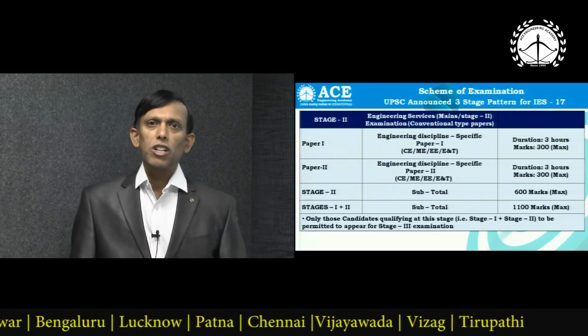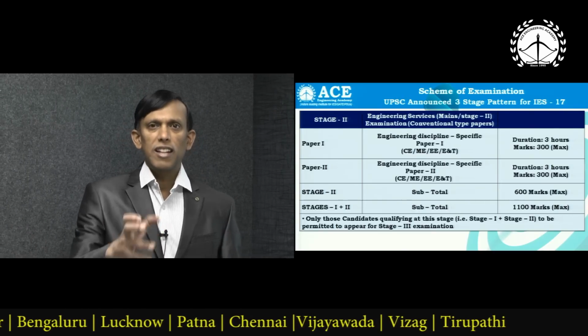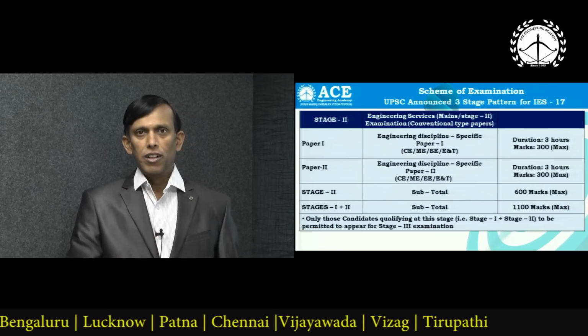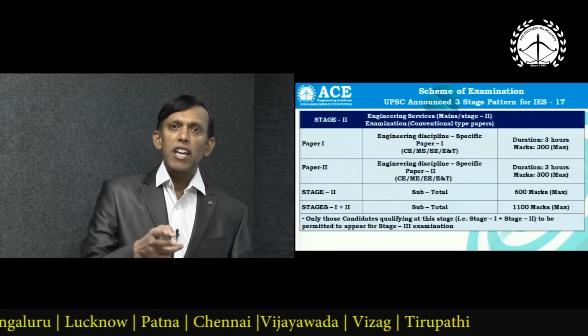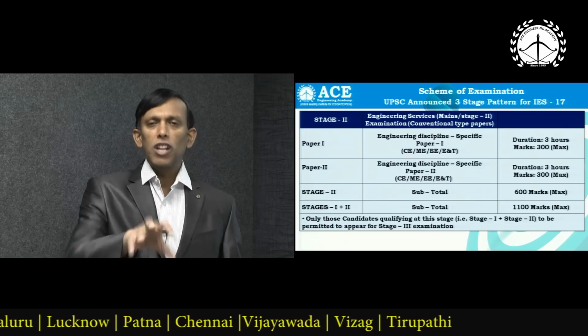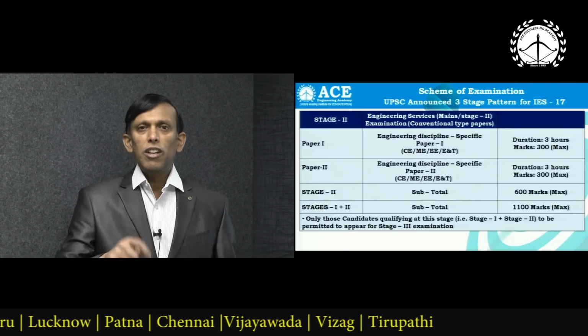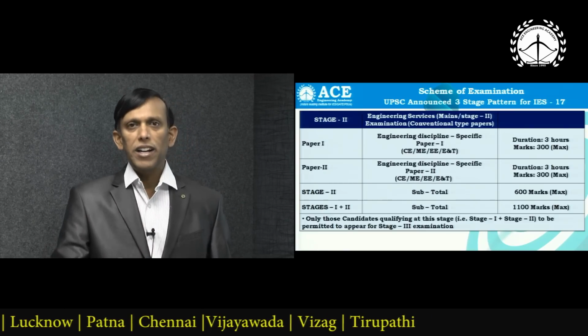The subtotal of stage 2 is 600 marks, conventional. Stage 1 plus stage 2 total is 1100 marks. UPSC may decide a ratio of 1:10 to 1:12 from stage 1 to stage 2, and may choose 1:2 to 1:2.5 from stage 2 to stage 3, that is the personal interview.